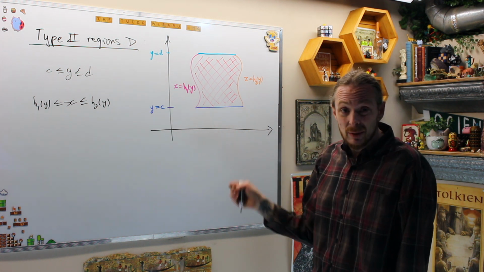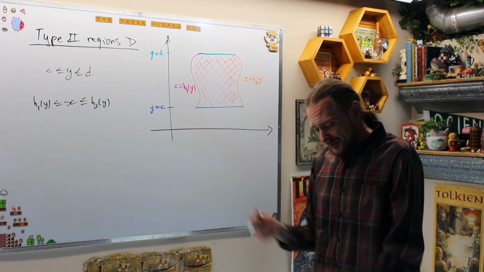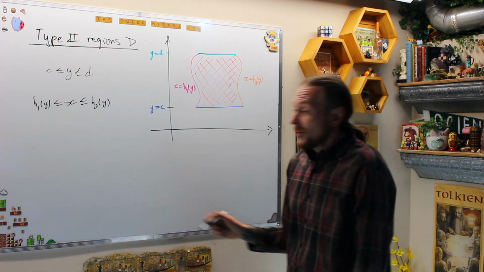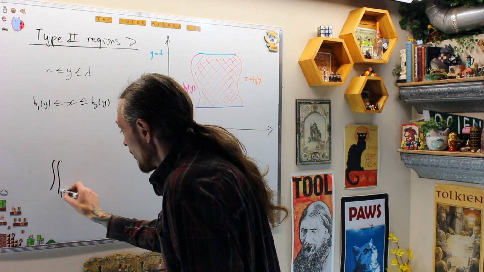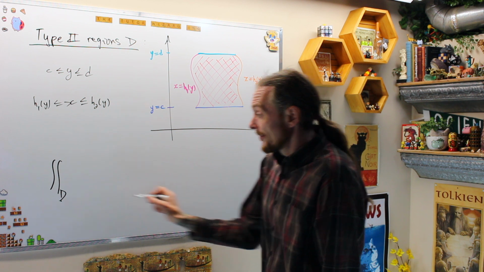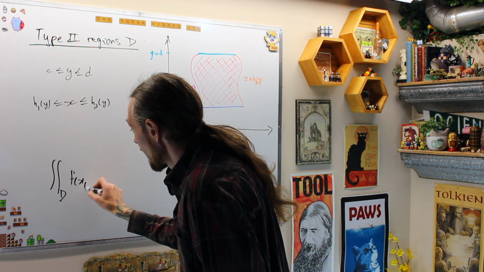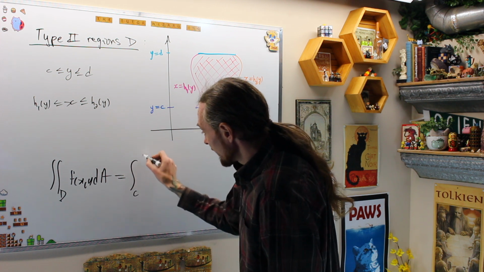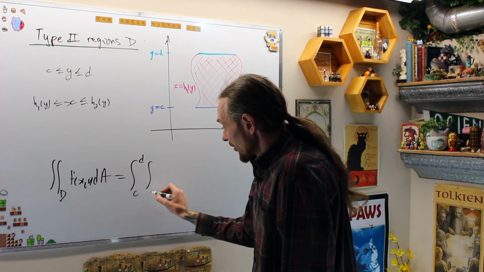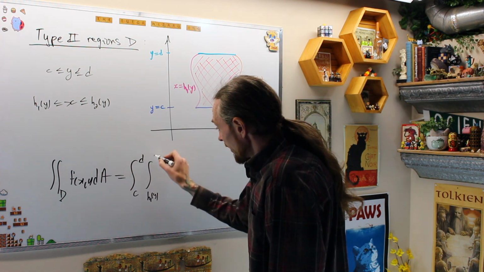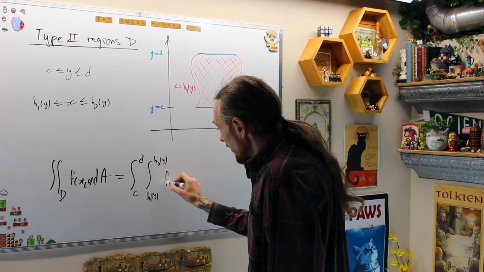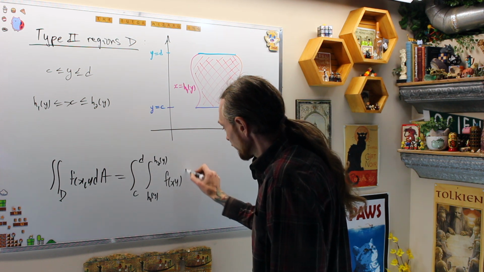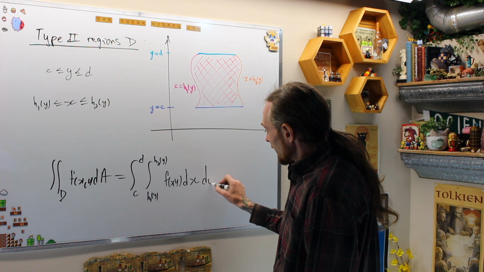And now what are we going to do with this? Now we can say, by the stronger version of Fubini's theorem, that the double integral over the region D of our function f of x, y, dA can be written as the integral from c to d of the integral from h1 of y to h2 of y of f of x, y, dx, dy.